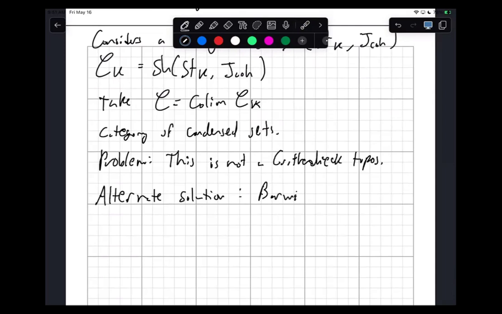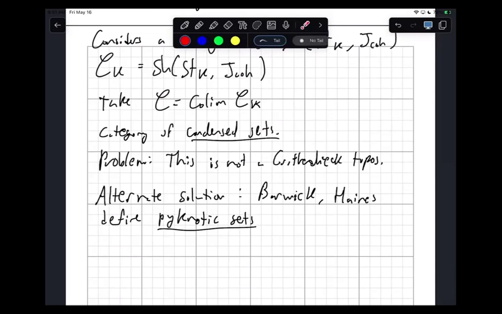And this was, I believe, done independently. They define pyknotic sets. And I should say a word about the motivation here. The motivation here was that they wanted a convenient category to talk about functional analysis. And they wanted to be able to mix functional analysis and homological algebra.